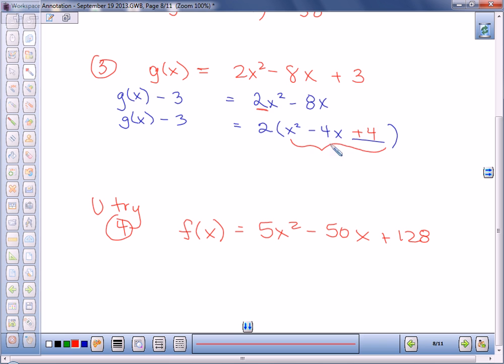But what value did I add to the right side of the equation? I added 2 times 4, didn't I? So to keep the equation balanced, what must I add to the left side? 8. Because the 2 gets multiplied times that. So how is that a perfect square trinomial? Well, if I just gave you this, Brian, how would you factor it?